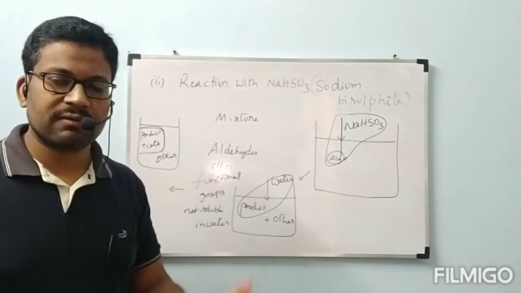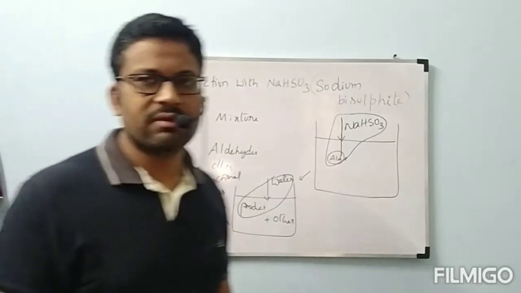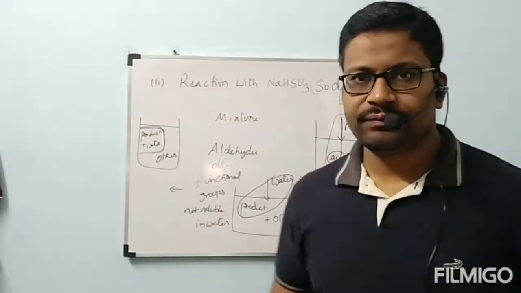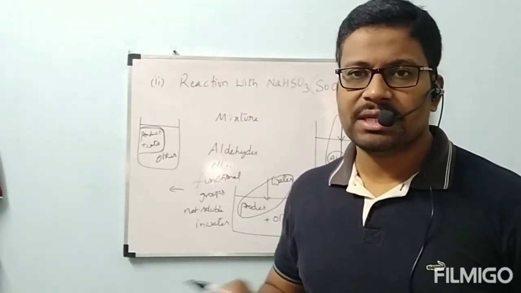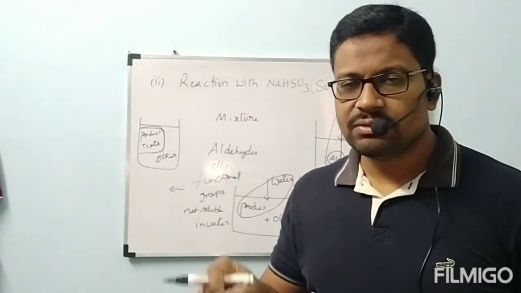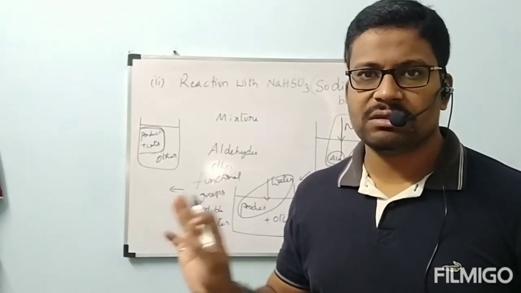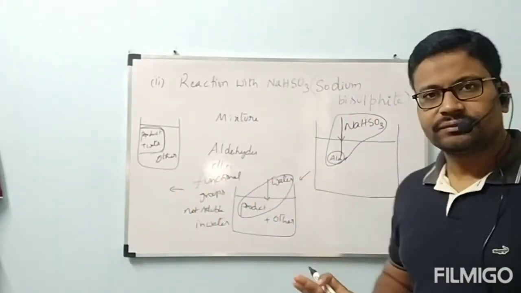In this way we can separate aldehydes or ketones using this technique. This is simple. In the textbook they give one small point only: that this method is useful to separate aldehydes or ketones from other functional groups. But this is the method.